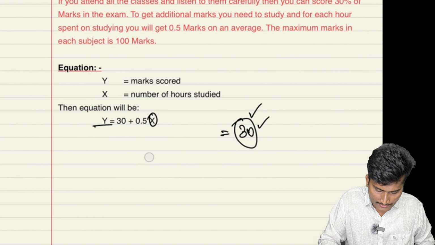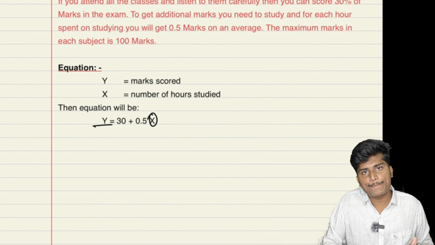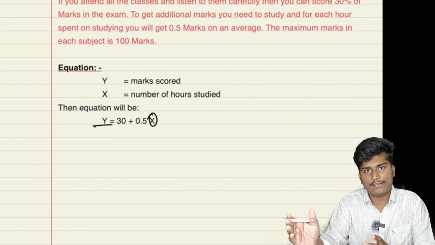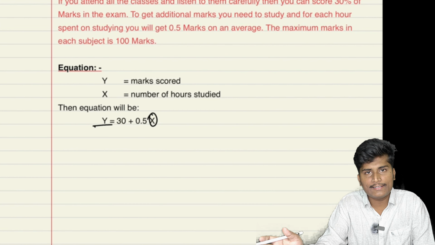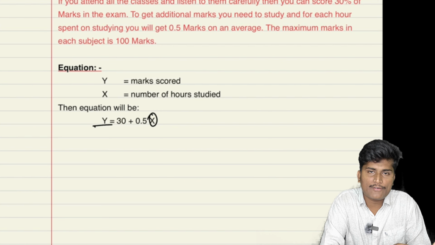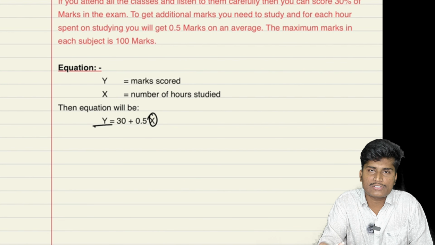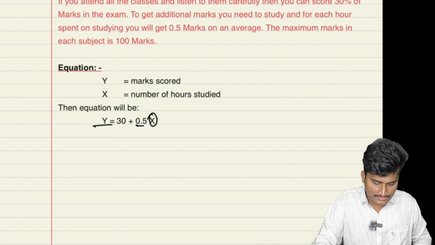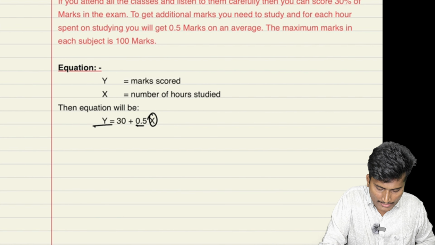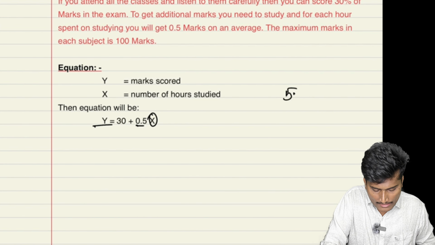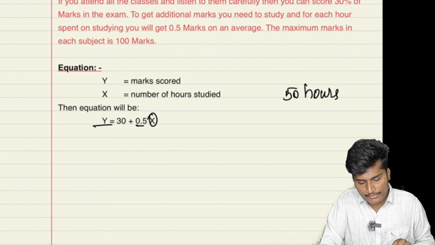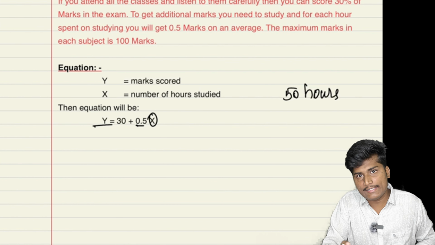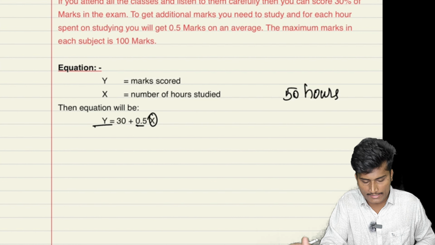So y will be 30 plus whatever number of hours you spend studying into the number of marks you are going to score per hour of studying. That is 0.5. Let's cross verify this equation. If you studied 50 hours, then you will get 0.5 for each and every hour you spend studying.